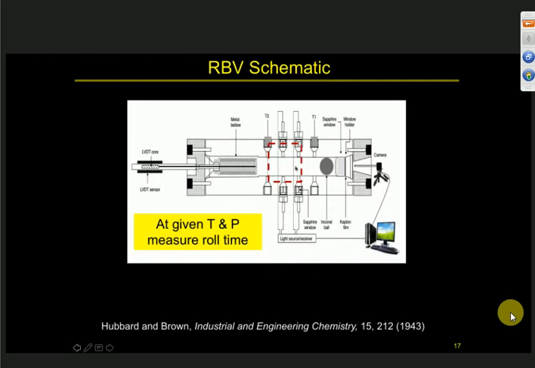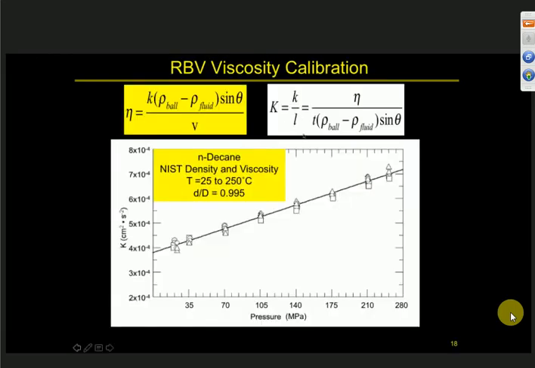We know the density, and we know the distance between these two ports accurately, and then we know the time, so we can calculate the viscosity. The viscosity equation is given by this equation. There is a constant that is specific to the instrument.